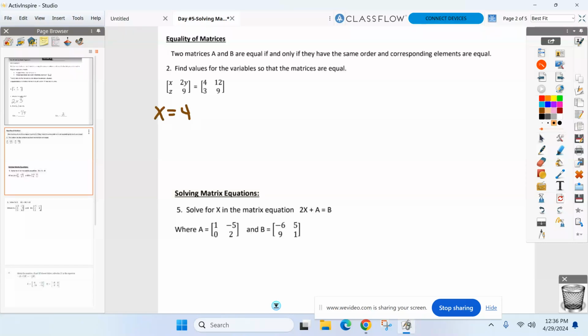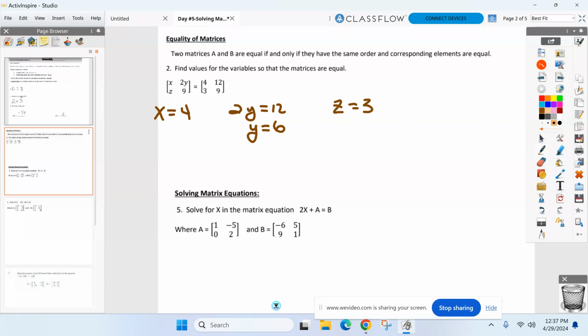Now I got 2y, but what's it equal to? 6. All right, well, 2y equals 12, so y equals 6. And then z is going to be equal to 3, and I don't have to go anywhere else because 9 is a 9. So whenever I have 2 matrices equal, corresponding parts are all the same.